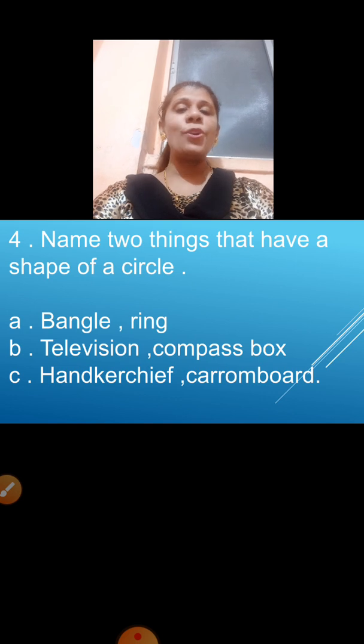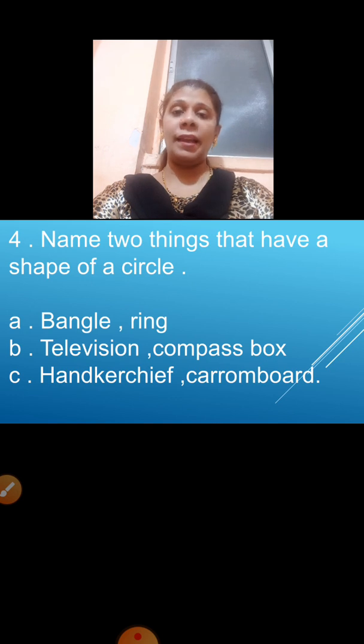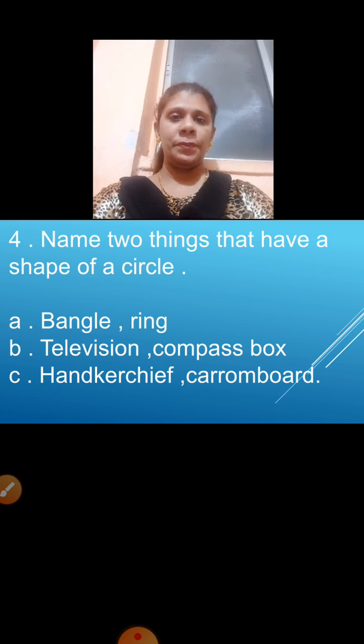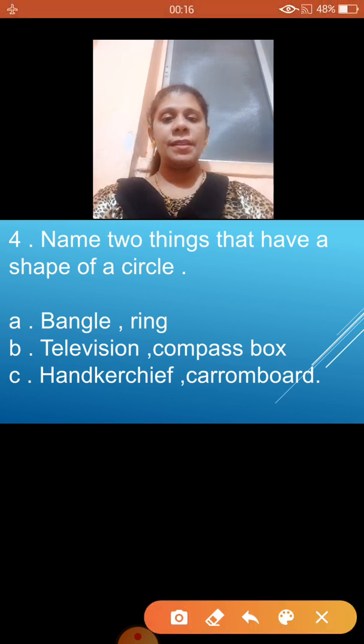Now children, you have to tell me two things that have a shape of a circle. What is that? Bangle and ring, or television and compass box, or handkerchief or carom board? Yes, tell me children, fast. Circle.